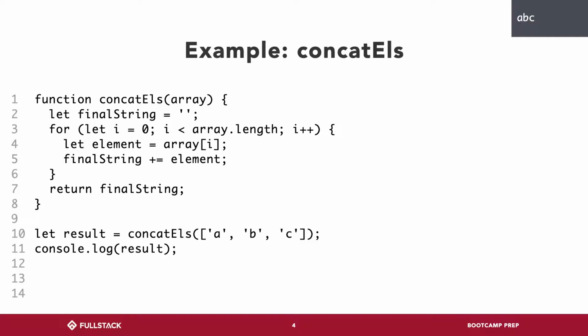So, here we have an example of concat else, right? We have let final string equal an empty string. And then we loop through this array, and we add each element into that string. And at the end, we return that string. So if we console.log concat else of an array of A, B, C, we get A, B, C in the terminal, right?